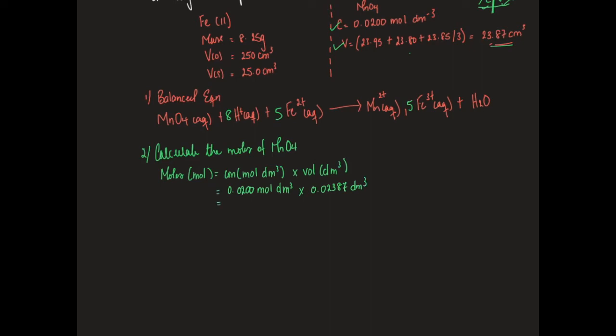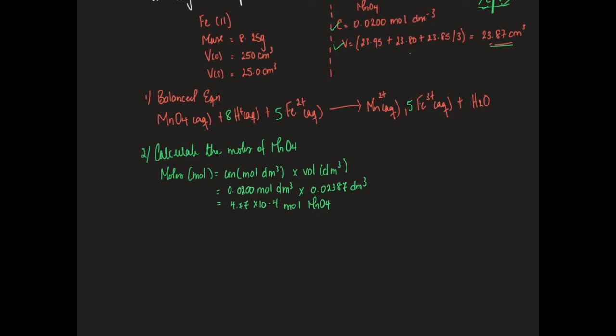And when you multiply that, we get 4.77 by 10 to the negative 4 mole.